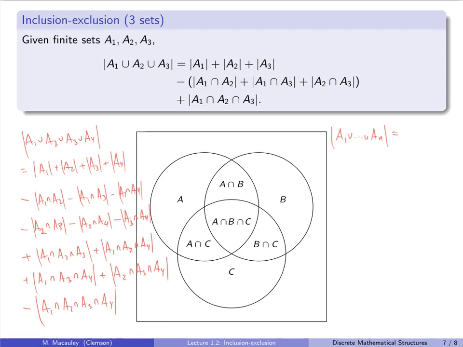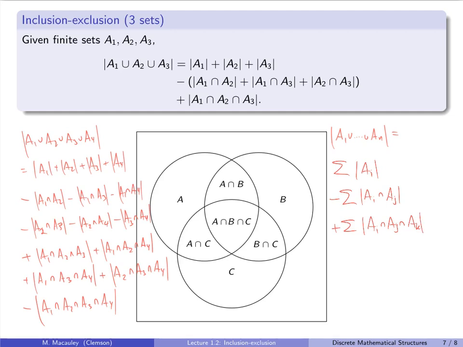I mean, I'll try. Let's see. So how do you add these things up? So it's the sum of the sizes of all Ai, minus the sum of the sizes of the pairwise intersections Ai intersect Aj, plus, I guess we can do this, the sum over all Ai intersect Aj intersect Ak.